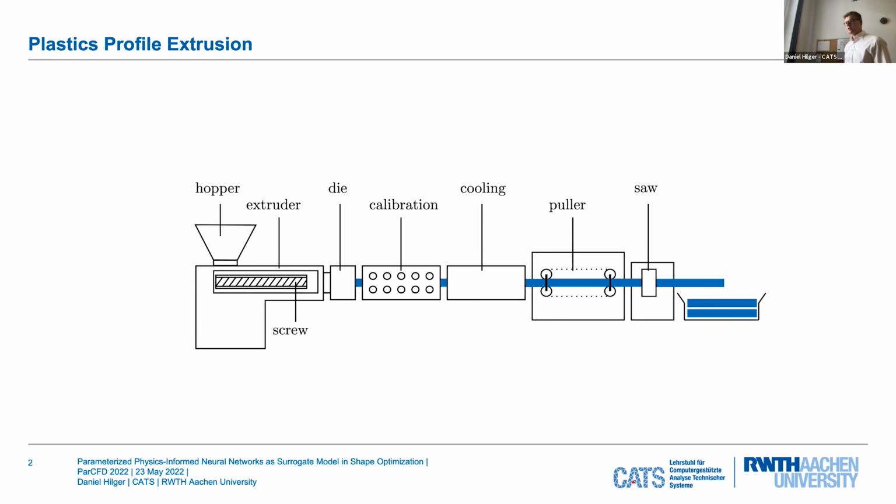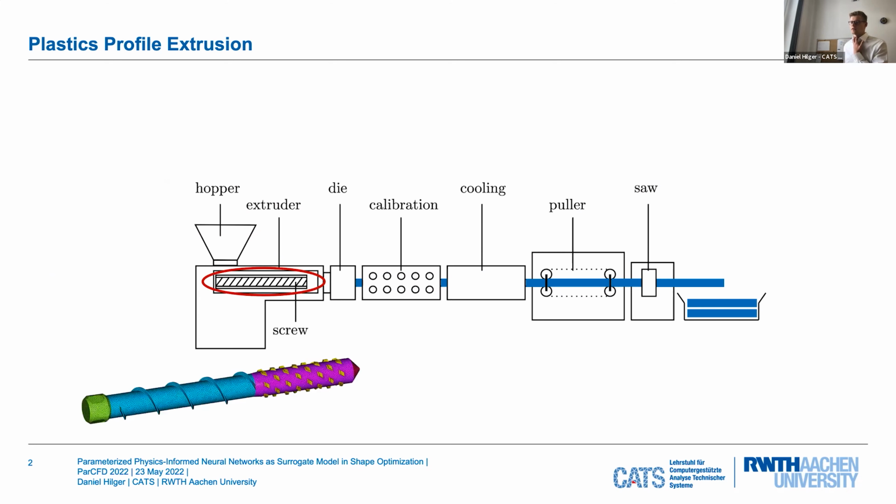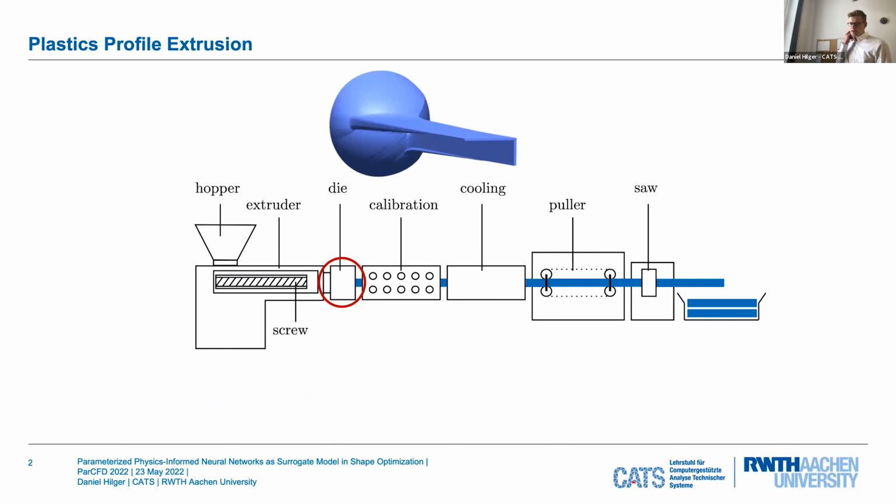It's a continuous production process where we process some coarse granulate raw material in an extruder. We heat it up, and in the extruder we have a screw and mix our plastic melt and transport it to the main shaping part of the extruder, the so-called extrusion die.